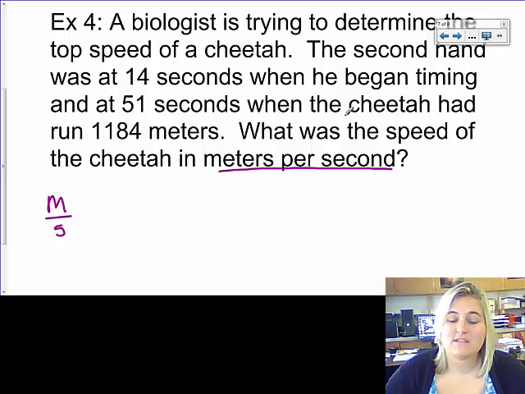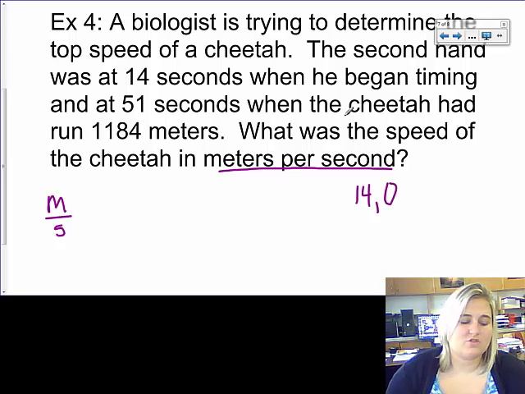At 14 seconds, how far had the cheetah gone? The second hand was at 14 seconds when he began timing. Okay, so how far has the cheetah gone? Nowhere, right? So it's at 0 at that point.